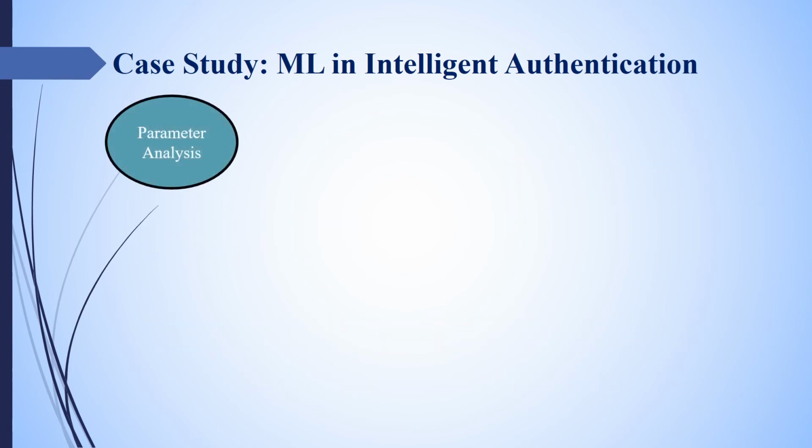Let's now discuss the parameter analysis. In parameter analysis, we have collected the parameters as discussed in the previous slide. Now we have to perform the analysis. We have to convert that data into some useful form that we can later interpret and use in any particular algorithm. What we mean by parameter analysis is that different machine learning algorithms are applied.